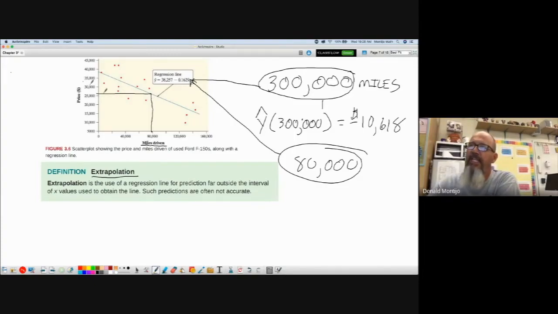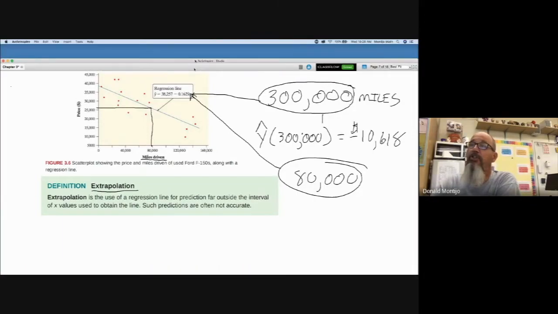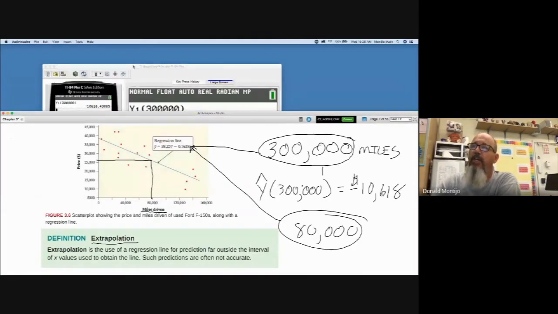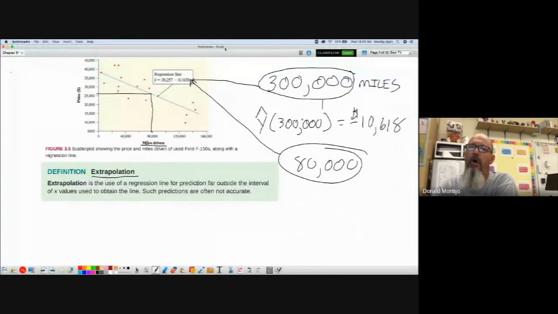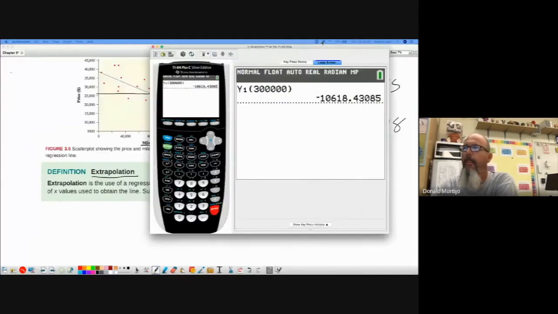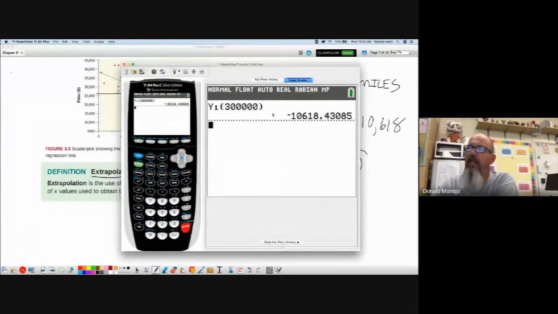All right, so we've seen how to construct the regression line, but we haven't seen how to make a graph on our calculator. So if we come back to our original data set, let's graph this line. Let's make a scatter plot.